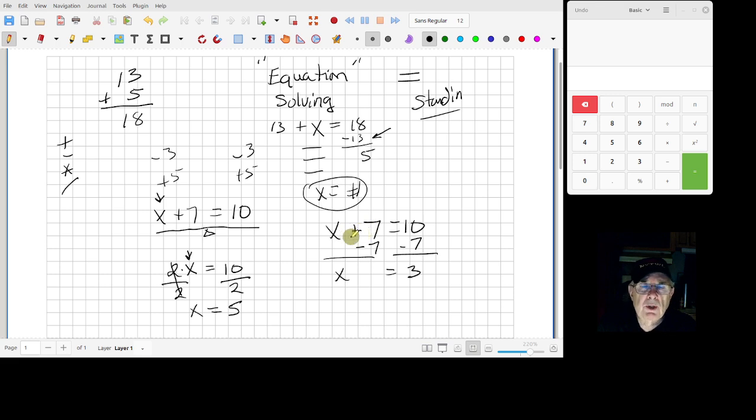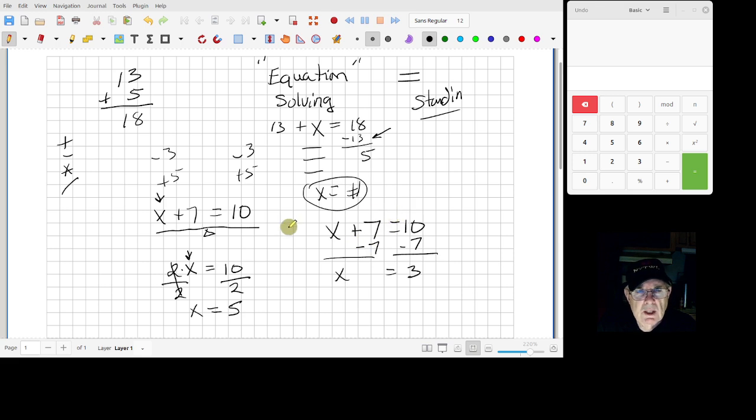And in cases where the equation is more complicated, maybe we've got some multiplying and adding and subtracting all going together, and maybe those operations are even taking place on both sides of the equal sign, there is an order in which we undo them. So that'll be explained more in beginning algebra videos.